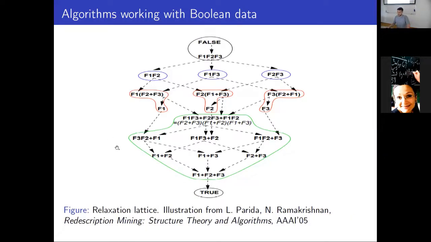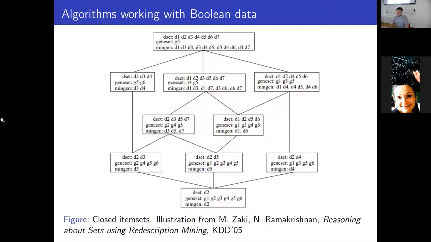Relaxation lattice-based algorithms start from some very restricted formula, and then they relax it, so they remove some variables, add disjunctions, and then they look at the connections between these. The closed item set kind of algorithms also relax descriptors, but the sets of instances described need to be different, and then they form a lattice and find the descriptions.